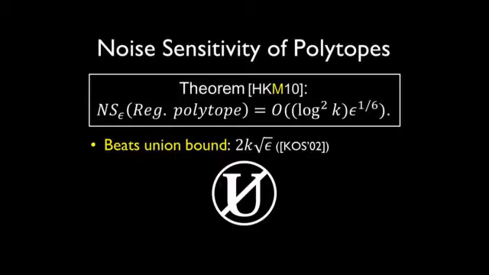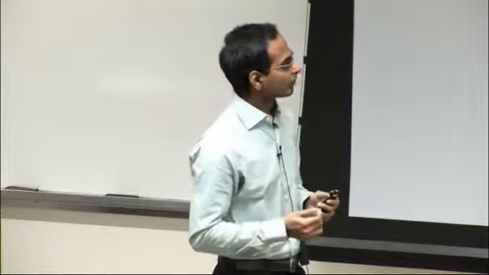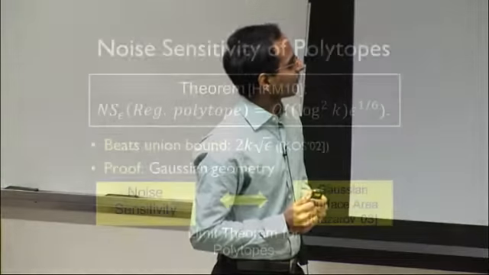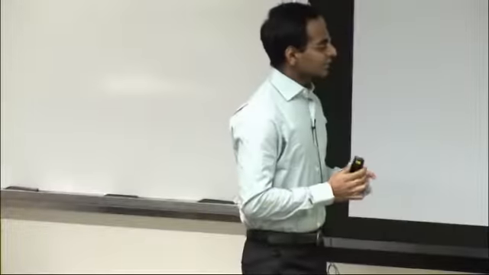And once again, this beats the union bound, and the best previous result basically said that you have a bound on the noise sensitivity of the single hyperplane, and if you have k things, the noise sensitivity can increase at most by a factor of k. K is the number of facets. And how does the proof go? At a high level, the proof basically says the following.